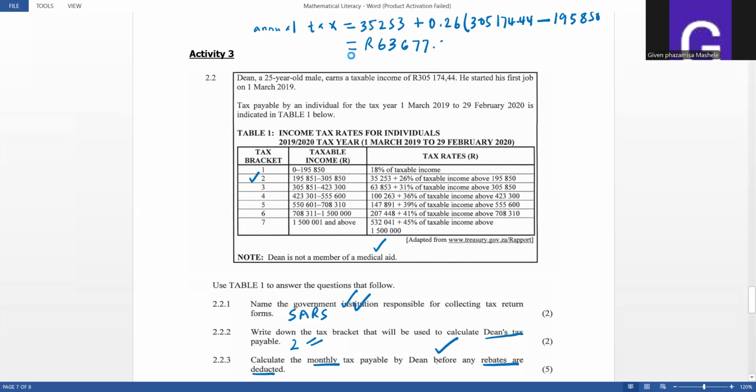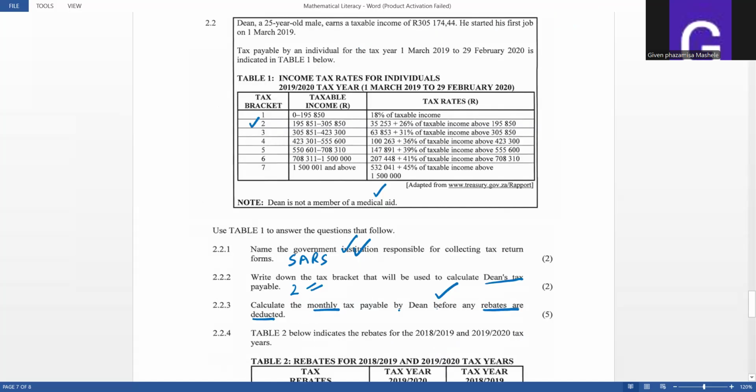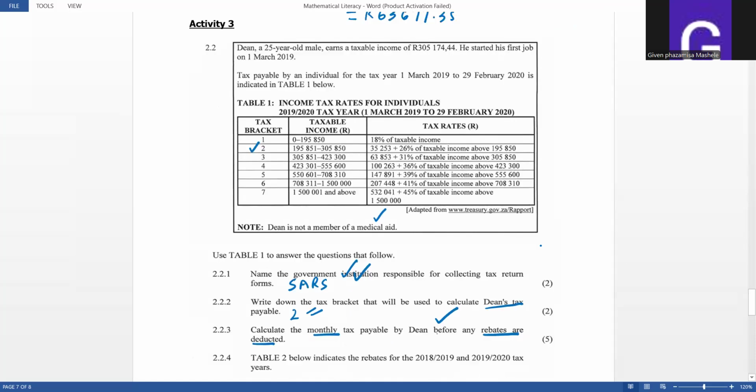This will give us 63,677.35. According to the calculation we would need to deduct the rebates, but they did not provide any. The question is: calculate the monthly tax payable by Dean before any rebates are deducted. So we do not have to deduct any rebates.